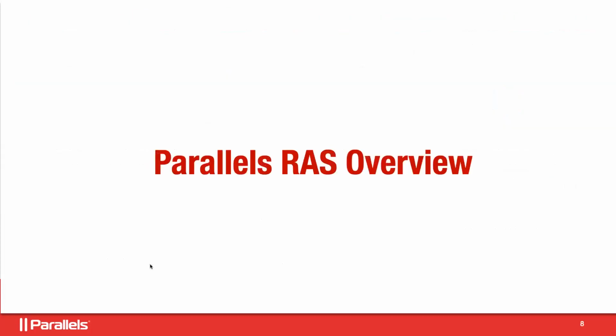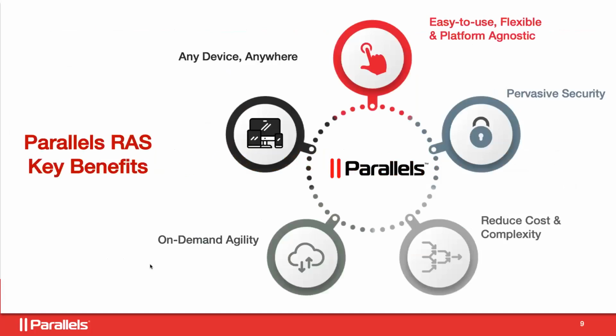So let's look at Remote Application Server, or RAS as we shorten it to, and what it is. Essentially, it's about providing secure remote access to Windows applications or desktops, and that's from anywhere, any device. And Remote Application Server is an easy-to-use solution.